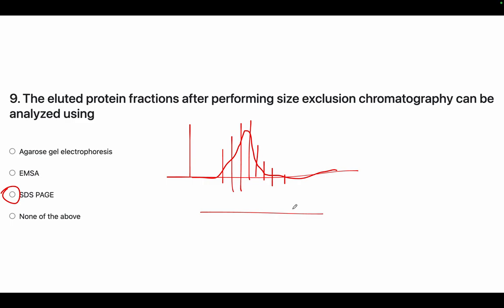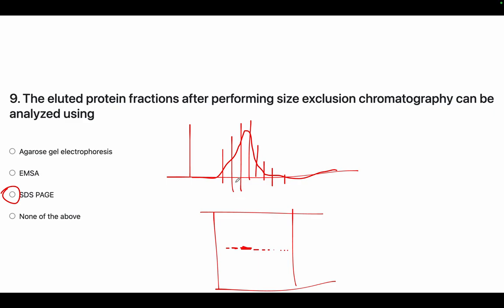If I run it in a gel, what I should expect to see is that the thickness of the band should correspond to the amount of protein in each fraction. So maybe here I'll get a very thin band. Here I should get a slightly thicker band. For this, the maximum protein is in this fraction, so I should get the thickest band over here. And I'll get a thinner band here. Thin, thin, thin. And then now there's no protein left in these fractions, so I should not get a band over here.